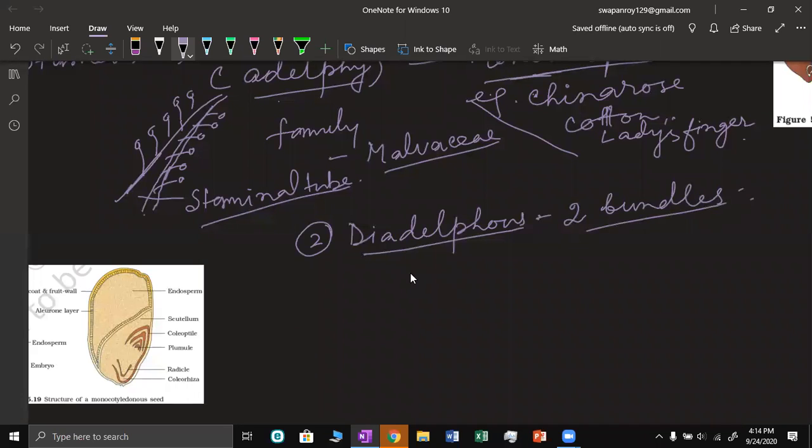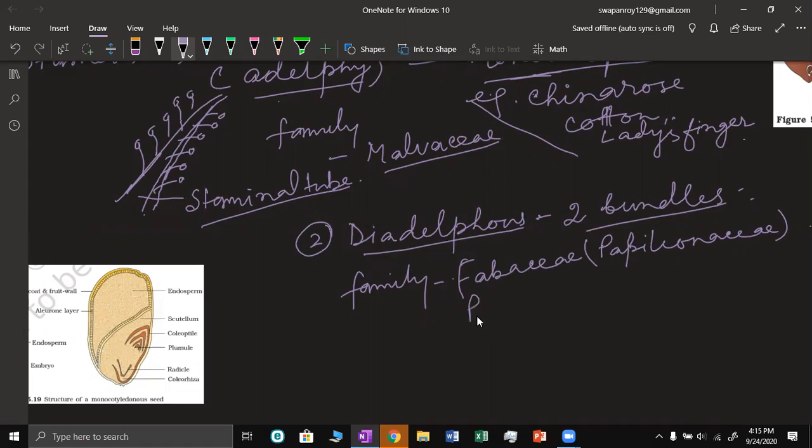It is found in all the flowers in the family Fabaceae, or you can say Papilionaceae, which is also known as the pea family, where peas and beans are there.